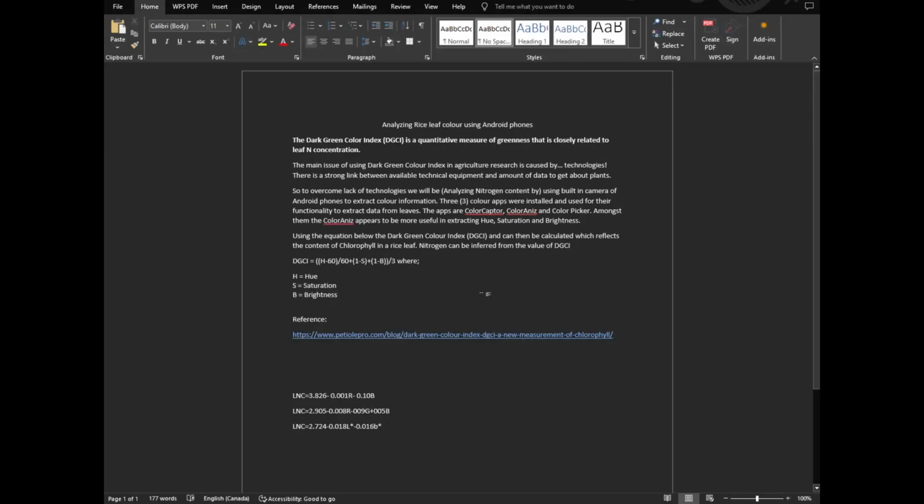the DGCI is equal to this equation, which is open parenthesis H minus 60 divided by 60 plus 1 minus S plus 1 minus B close parenthesis divided by 3, where H is hue, S saturation, B brightness.